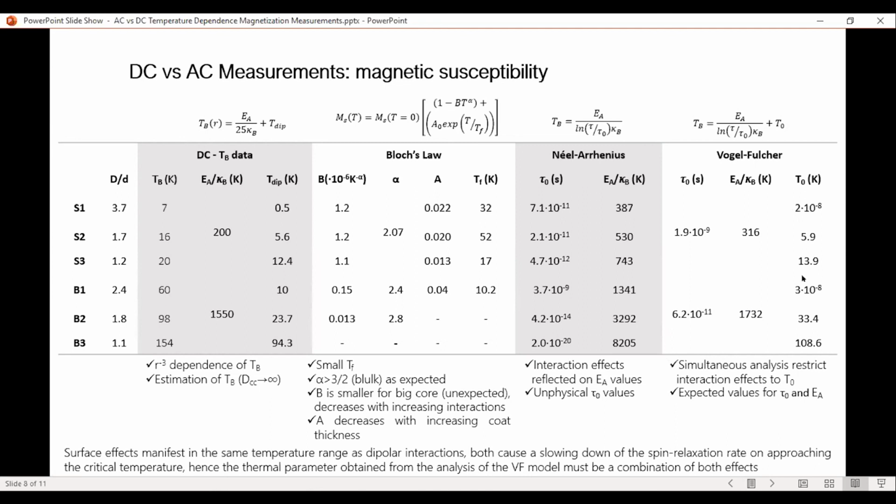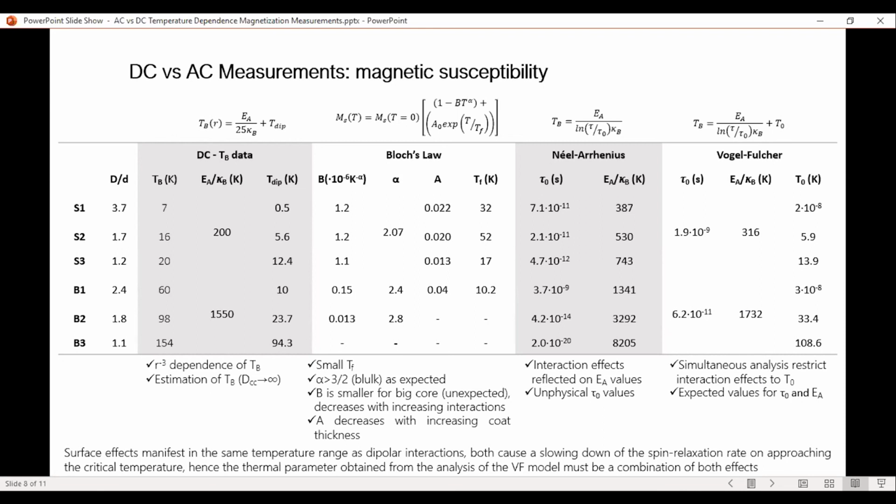And also we can see that the T0 that we can obtain from Vogel-Fulcher is a bit bigger than the T related to dipolar interaction. So what we conclude is that surface effects as well as dipolar interactions manifest in the same temperature range and have exactly the same effect on spin relaxation rate approaching the critical temperature.